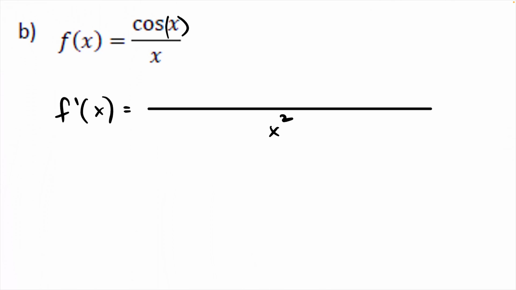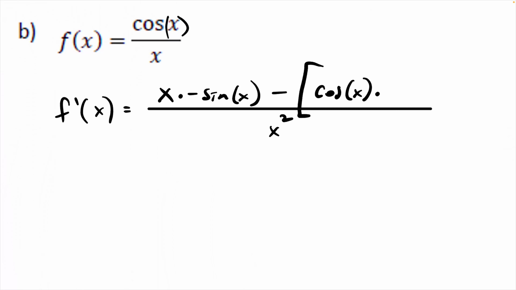So now the quotient rule says low, which is x, times the derivative of the high, the derivative of cosine. What's the derivative of cosine? Yep, negative sine of x, good. Minus high times the derivative of the low. What's the derivative of x? 1.